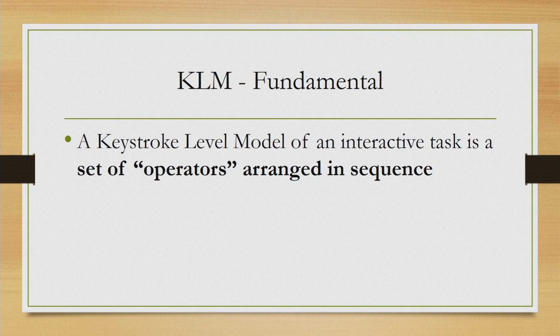Now, the fundamental concept in a KLM model is that the model is a set of operators arranged in sequence. When we talk of a KLM or keystroke level model, we are talking of the model of an interactive task, and the model is nothing but a set of operators arranged in a sequence.